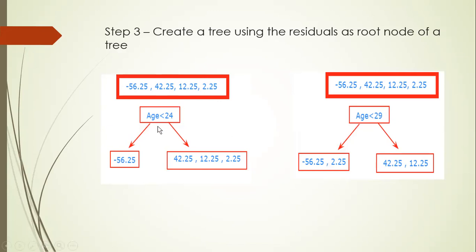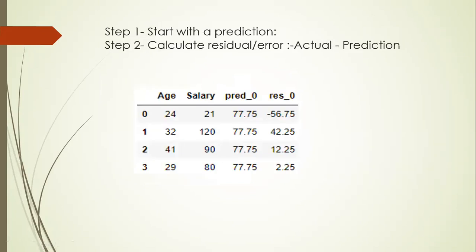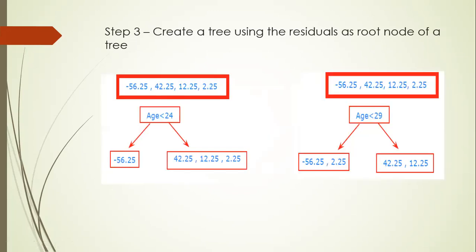First of all, it will try to create these nodes. Let's go in increasing order. First it will take age 24, then 24, then 29, then 32, then 41. So for every row it will try to create one node.